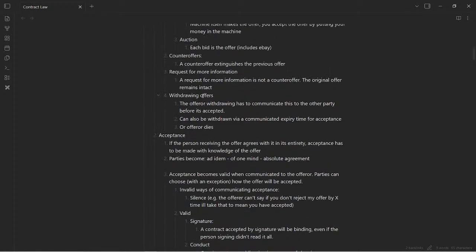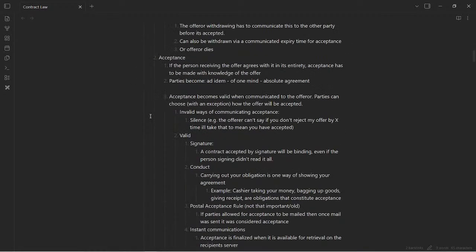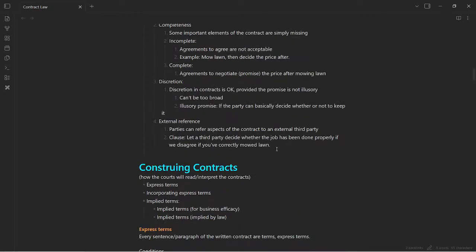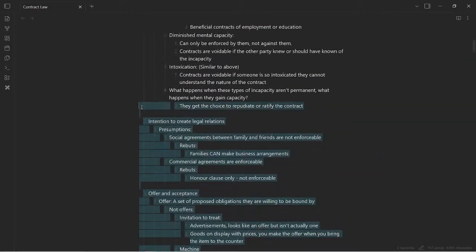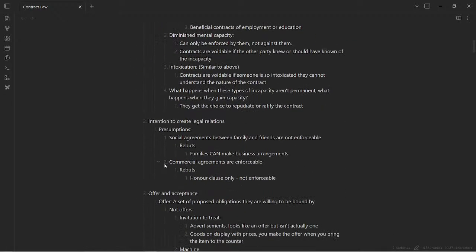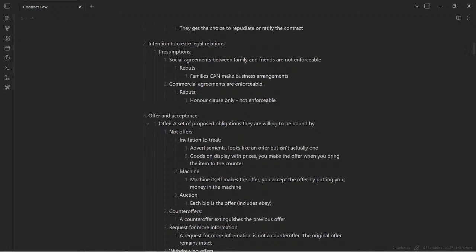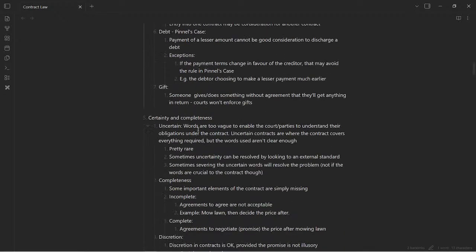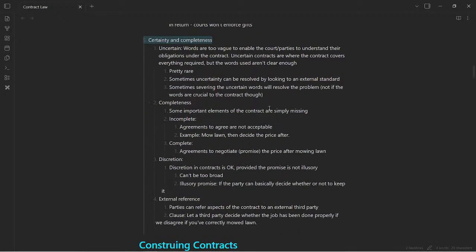This is super important. So we've got capacity to enter the contract, intention, offer and acceptance, consideration, and certainty and completeness.